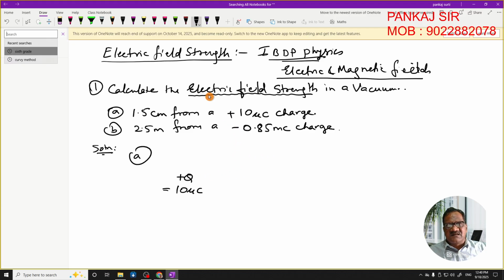You have to find the electric field strength due to this charge at a distance of 1.5 centimeter. Let that point be P. At this point P you have to find the electrostatic field strength EP. This is question A.